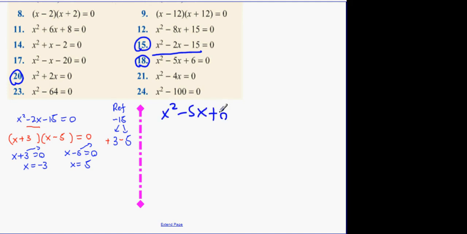What's the reference number, Jan? It's 6. Is it plus 6 or minus 6? Plus 6. Okay, now what do you break up plus 6 into? Minus 2, minus 3. Let's check it out. Is minus 2 minus 3 minus 5 when you add them together? And when you multiply minus 2 by minus 3, does it give you plus 6?